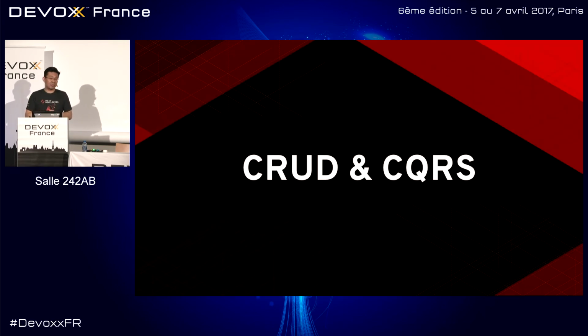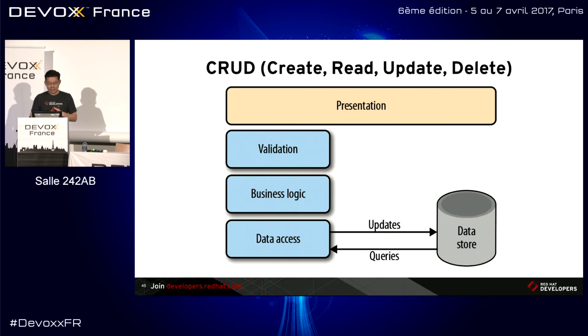And I have to talk about CQRS and CRUD too. I'm going to give you a very quick explanation because many people have different notions of what CQRS is, and some of these notions are wrong on the internet. That's why I decided to discuss that too. So let's start with CRUD, which is an architecture that everybody knows, at least I believe that everybody is used to. CRUD stands for create, read, update, and delete.